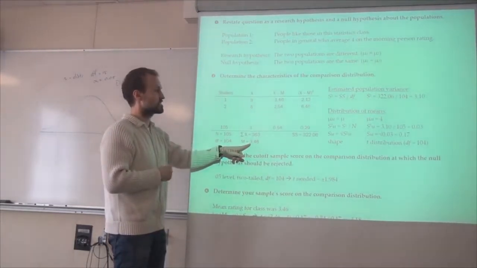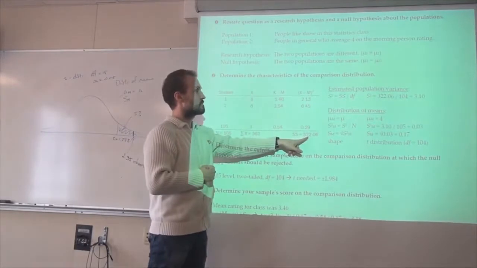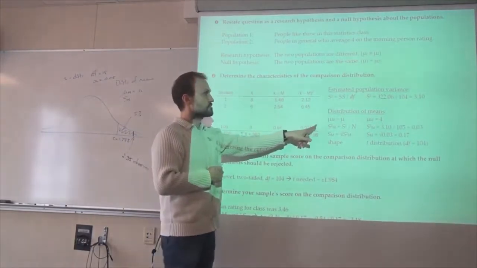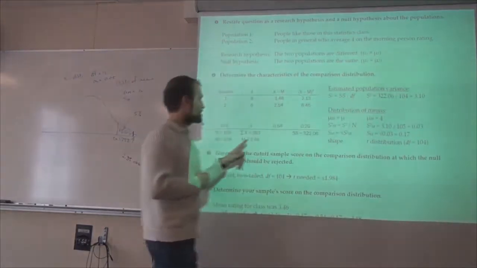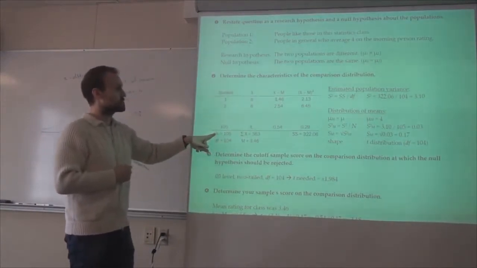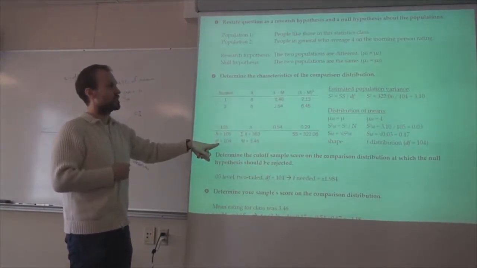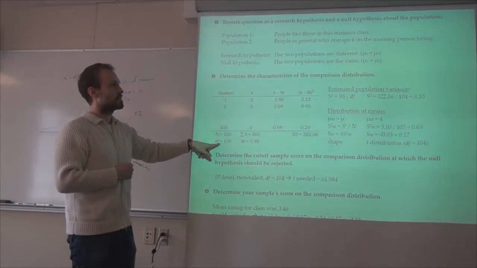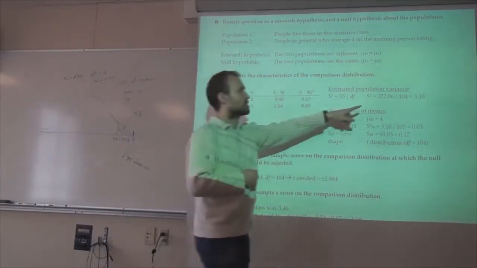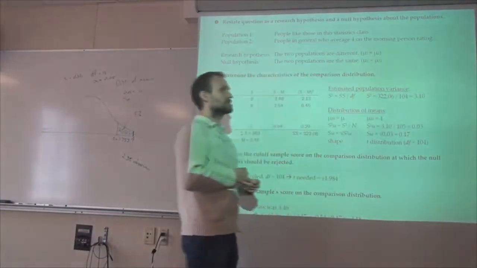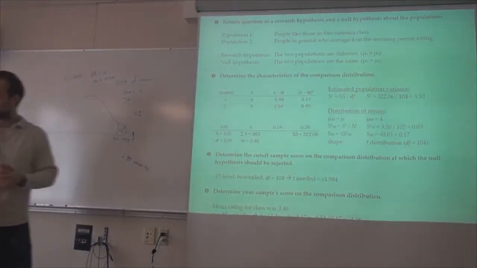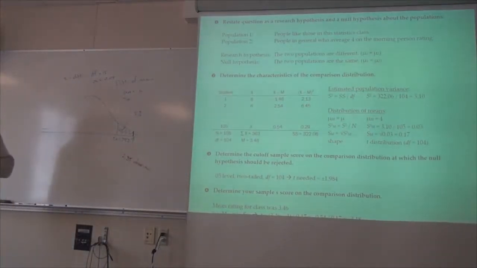Not sure how significant that is yet. I take the sum of squares, and the degrees of freedom is 1 less than the sample size, so it's 104 that I divide by to get a variance estimation, a sample variance of 3.1.